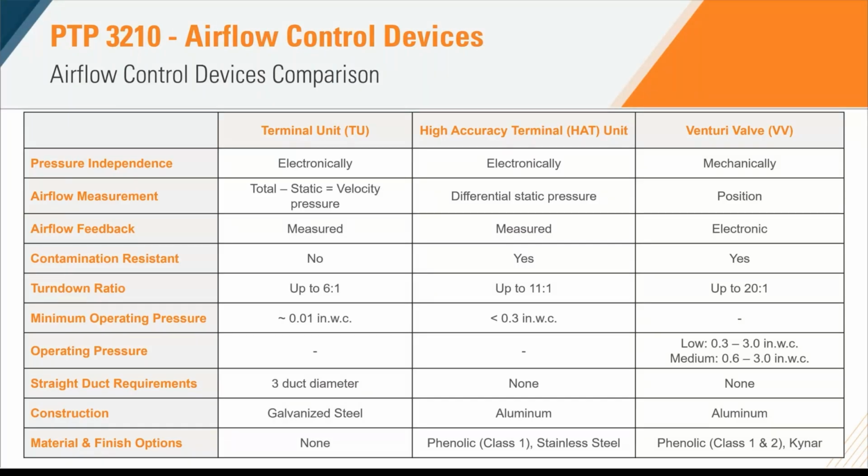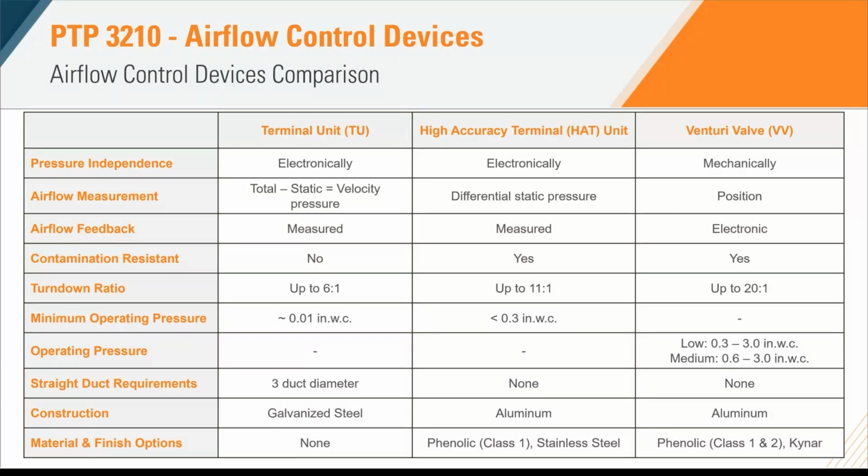But the Venturi valve with that internal cone spring assembly does operate mechanically pressure independent. We discussed the different airflow measurements. Terminal units will typically rely on velocity pressure, whereas a high accuracy terminal unit will utilize differential static pressure, but then the Venturi valve will rely on that positional feedback being measured by that high precision potentiometer.